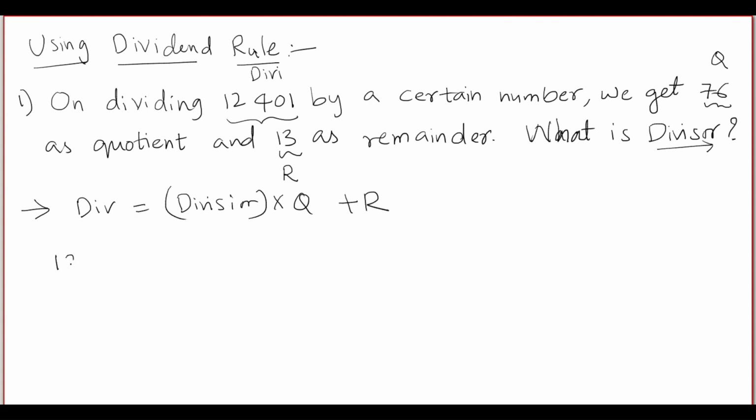So what is the dividend? 12401 is equal to divisor, which we have to find, multiplied by quotient, which is 76, plus 30. So if you solve this particular equation, you will get divisor is equal to 163. So by using the dividend rule, we will be solving the equations like this.